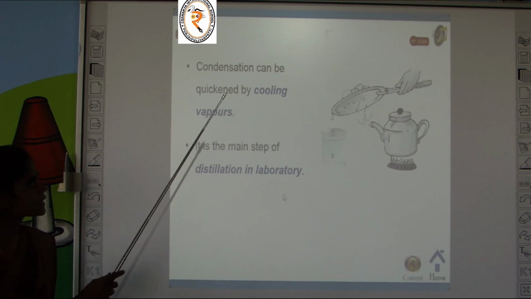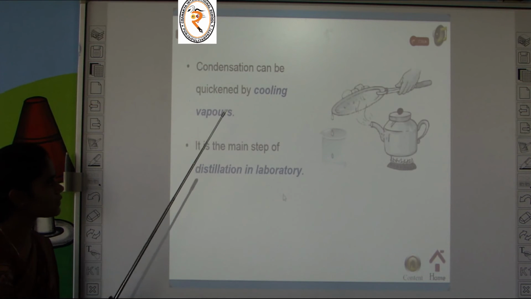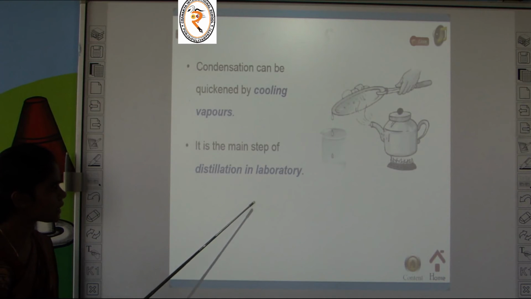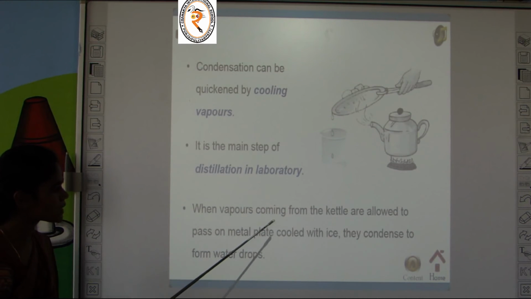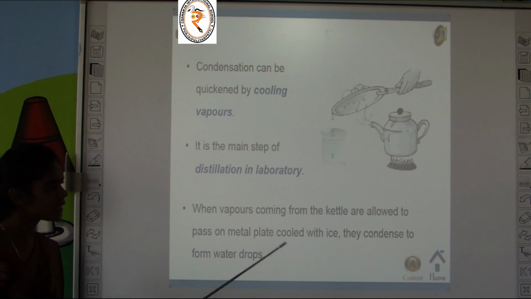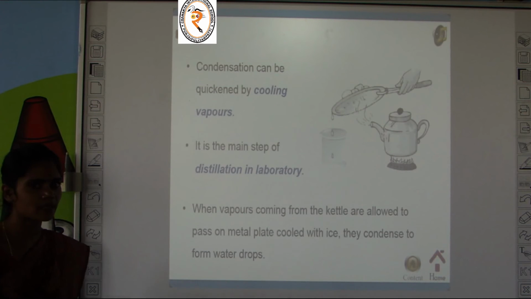See, condensation can be achieved by cooling vapors. It is the main step of distillation in the laboratory. When vapors coming from the kettle are allowed to pass on a metal plate cooled with ice, they condense to form water droplets. Here, what is the condensation process? The water vapors are changed into water.